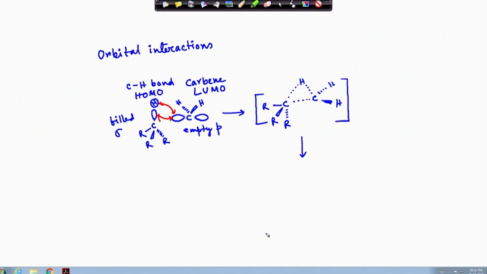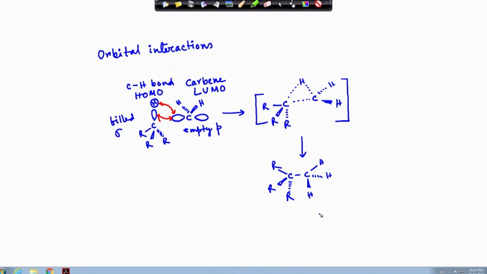Overall at this transition state, this could be the product. So we can see that this filled sigma bond and this empty p orbital, the highest occupied molecular orbital and the lowest unoccupied molecular orbital of the carbene and the HOMO of this CH bond, can nicely give bonding interactions.